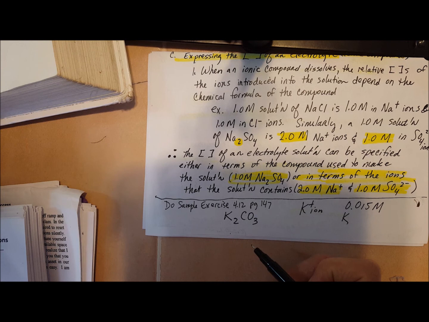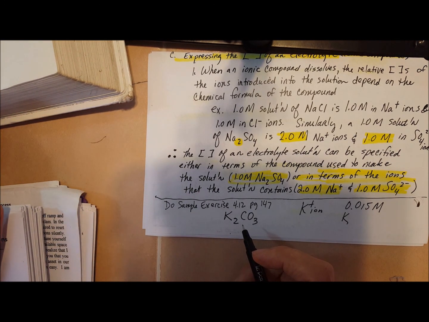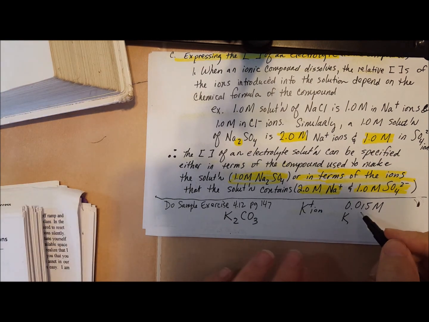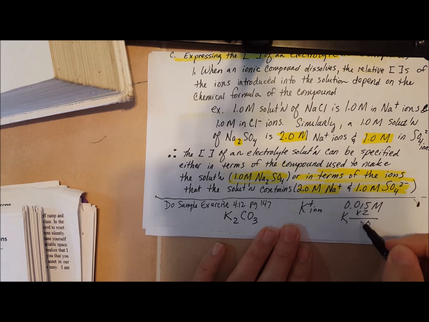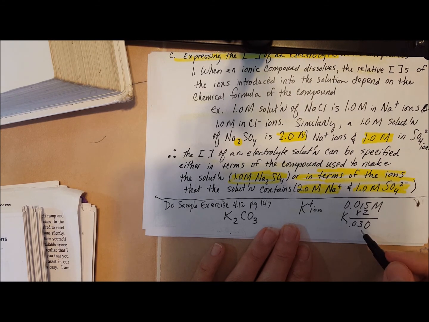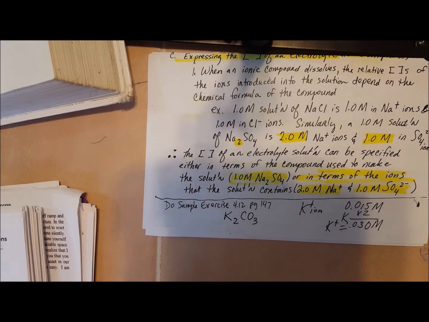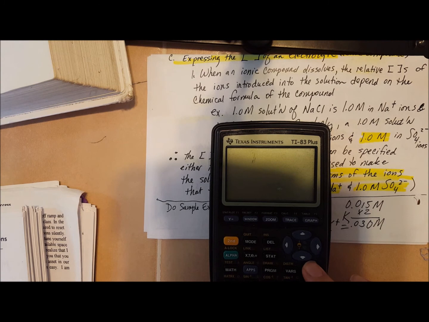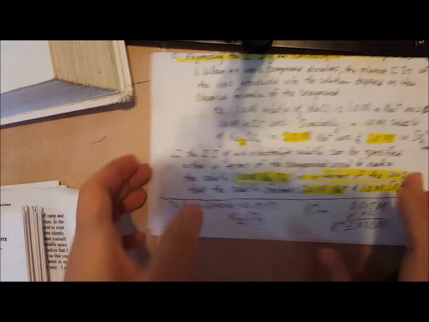Therefore, as the subscript 2 after the K in the formula suggests, the concentration is going to be 2 times that, so 0.030 molarity for the potassium ion. Yeah, 0.03. Okay.